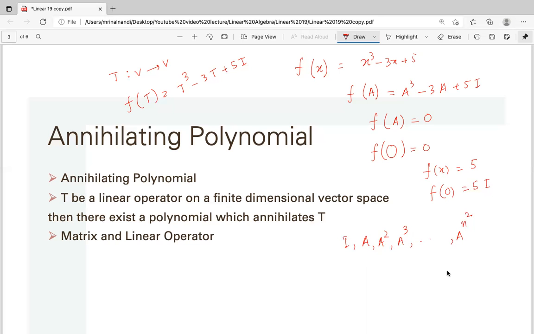up to A to the power n square. Now, the n cross n matrices form a vector space of dimension n square. Since there are n square plus 1 vectors in a space of dimension n square, this cannot be independent.